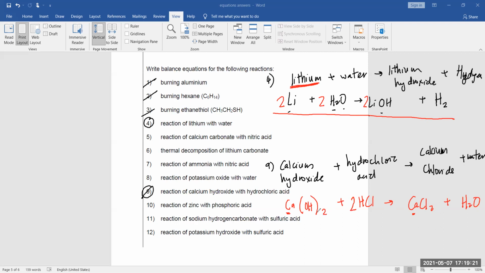Now we count the hydrogen, 2 hydrogen, 4 hydrogen. So you put 2 here, and then what? 2 oxygen, 2 oxygen. So did you all get it correct? Yes, no? For question 9, I think this one is my fault. I didn't put the hydrogen here.